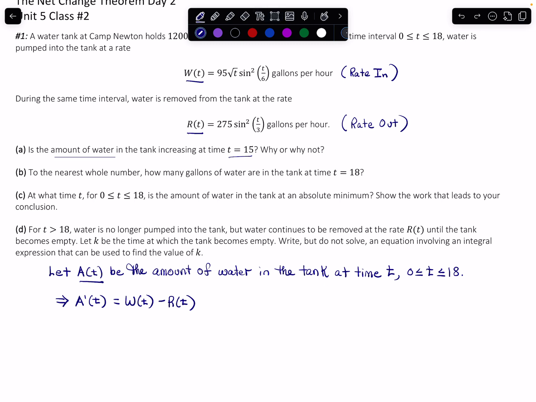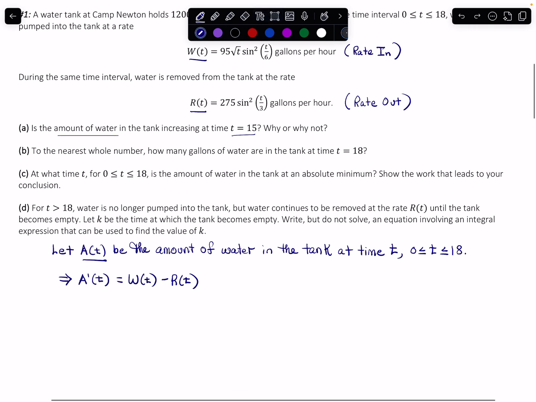It's the rate in minus the rate out. Depending on the sign of W of t minus R of t, that will tell me if the amount of water in the tank is increasing or decreasing. So A prime of 15 would be W of 15 minus R of 15.